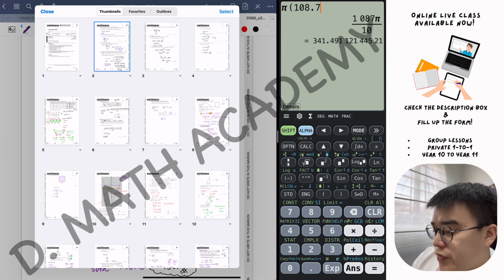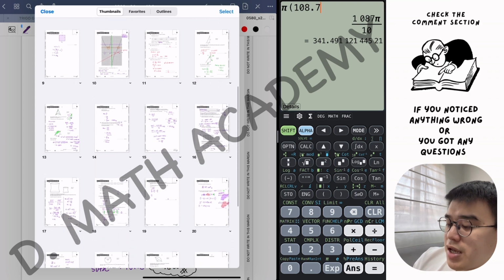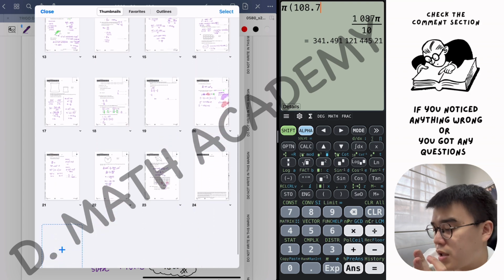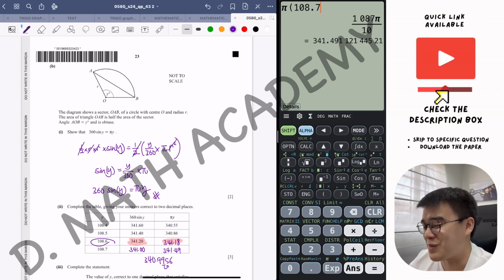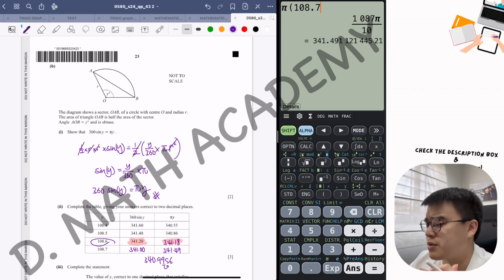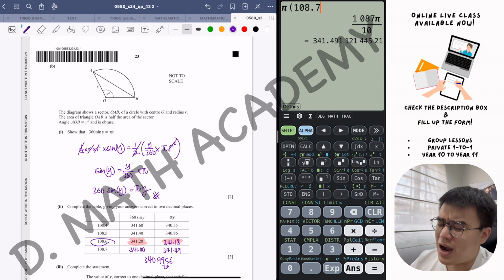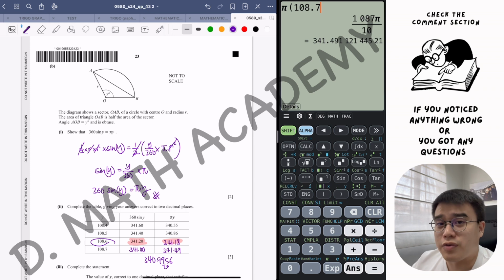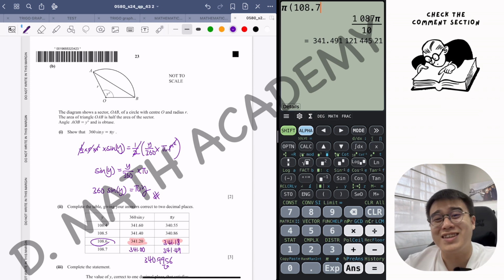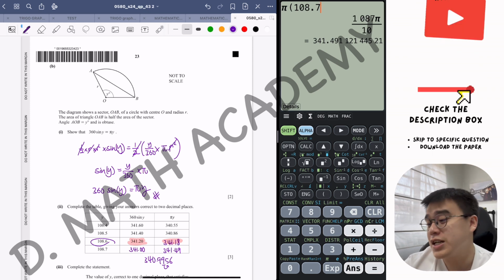These are the few questions that I think the examiner set up to reduce the number of students getting full marks. That's pretty much it for this paper. It wasn't that hard overall. It's still solvable provided your concepts are clear or you did enough practice on your past year papers.